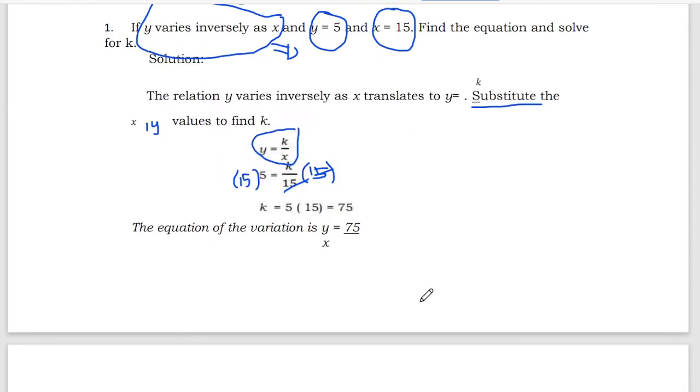So therefore, what is the equation? Based from the equation formulated, you can now substitute the value of k. We will rewrite: y equals k over x. What is your k? Your k is 75.